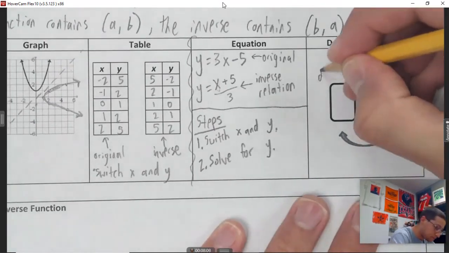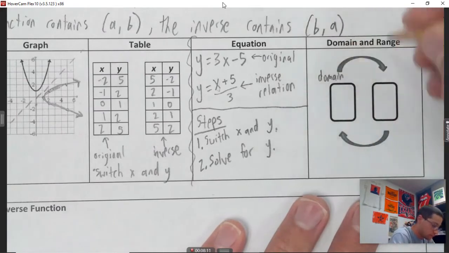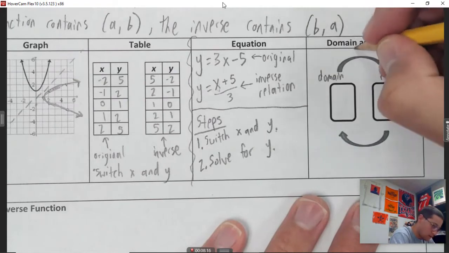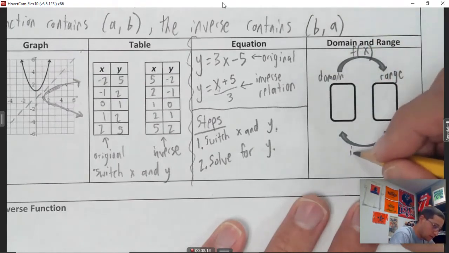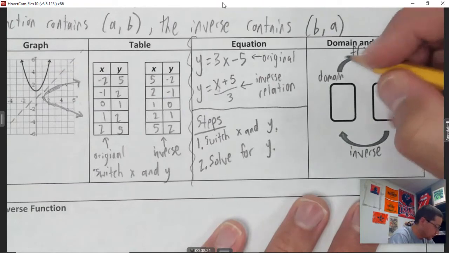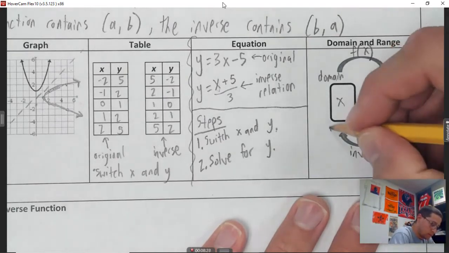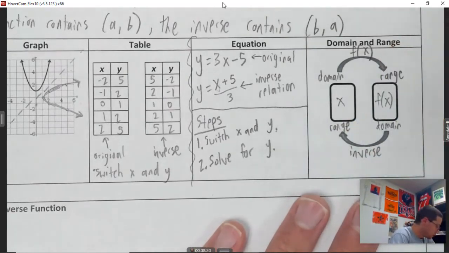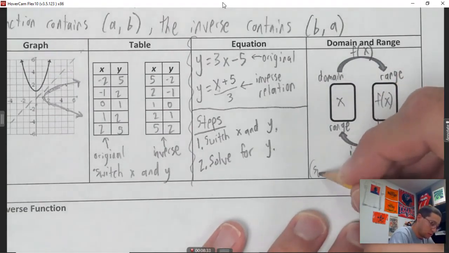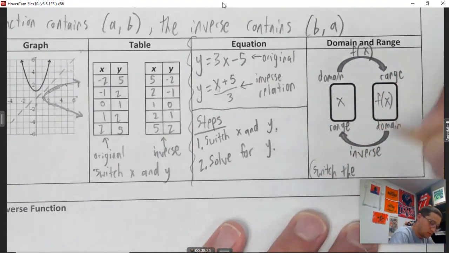So for f of x and f inverse, we are going to switch the domain and range.